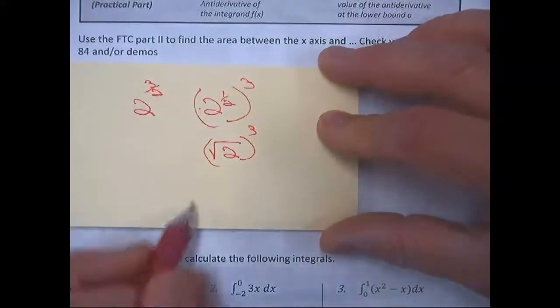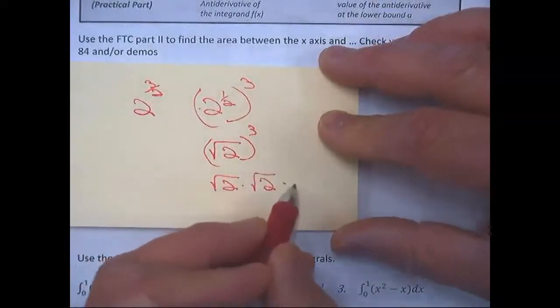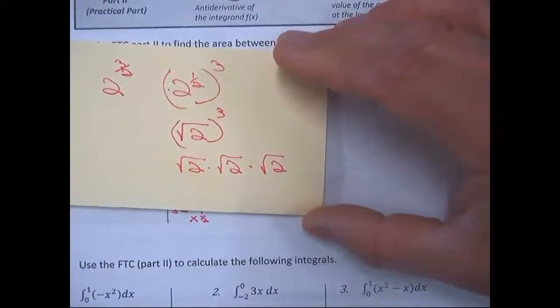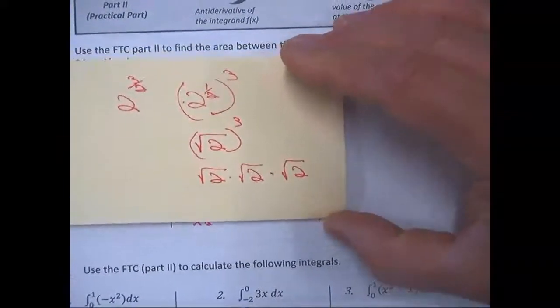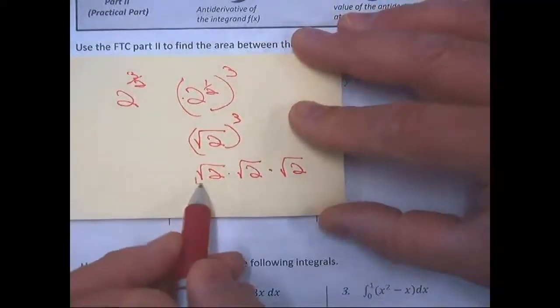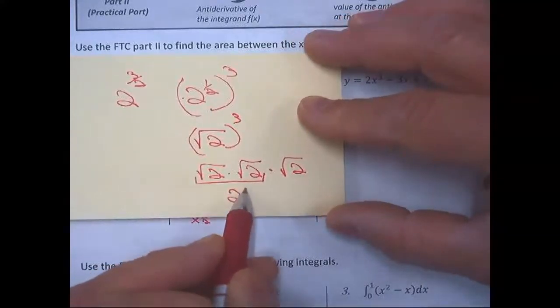Okay? So that's root 2 times root 2 times root 2, which is, what's that become, guys? The square root of 2 root 2.